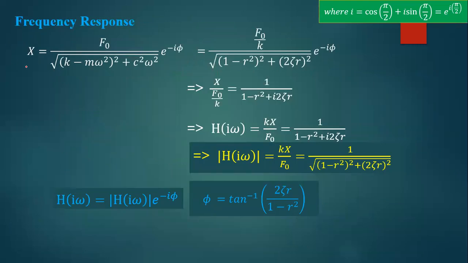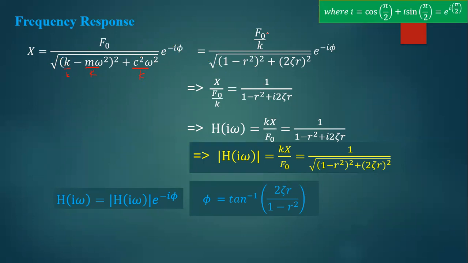So in that we have x is equal to f naught over radical of k minus m omega square the whole square plus cw the whole square, e to the power of minus i phi. So just taking k out from here, once k comes out it will be k over k, this over k, here also k square, actually k square, not only k, when k comes out here.